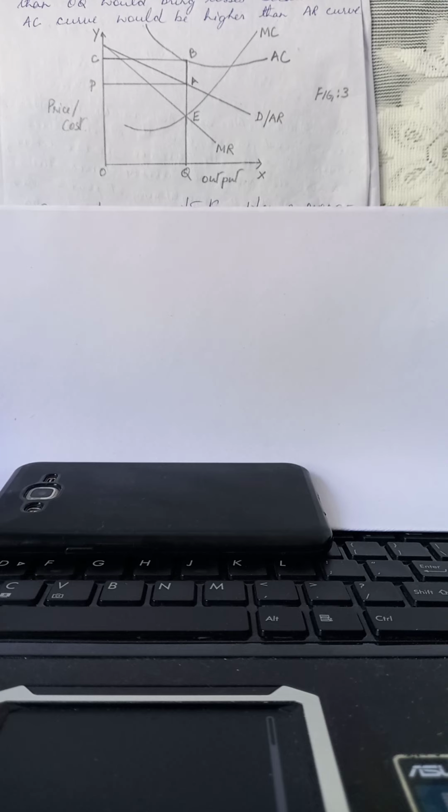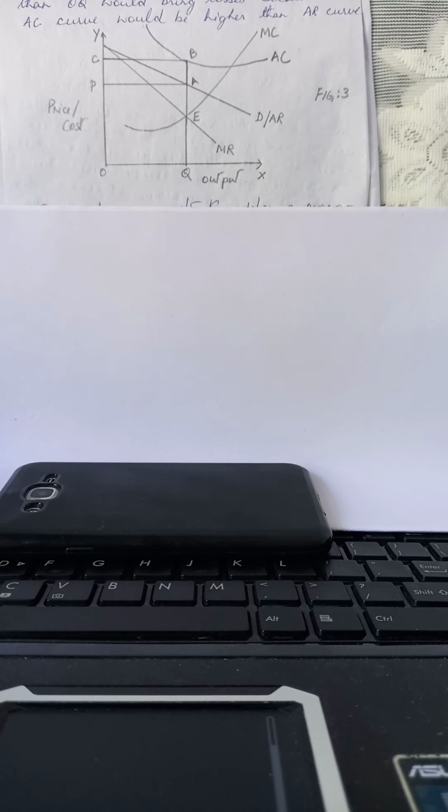According to the marginal cost, marginal revenue approach, a monopolist will be in equilibrium when he maximizes profit, when his MC equals MR, when his MC cuts MR from below.